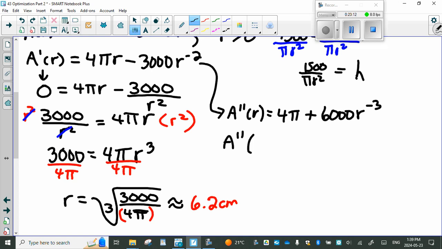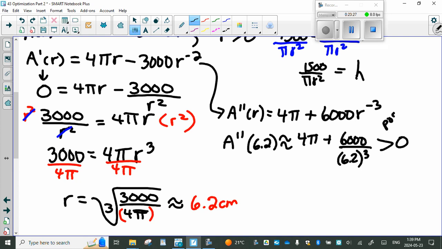So A double prime at 6.2 is approximately 4 pi plus 6,000 over 6.2 cubed, and all we care about is that that's a positive number, which means that we have a minimum. So we've minimized the amount of metal we need if the radius is 6.2 centimeters.